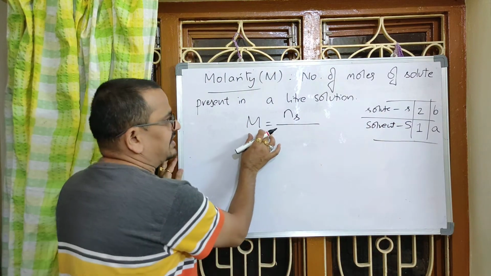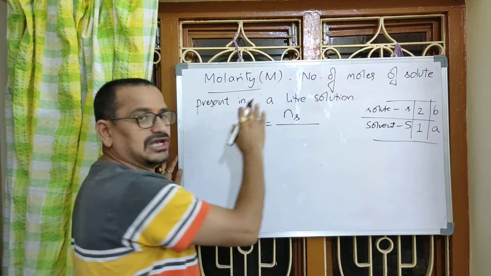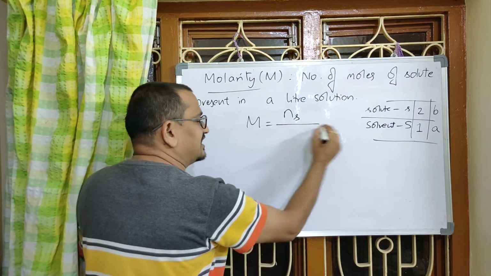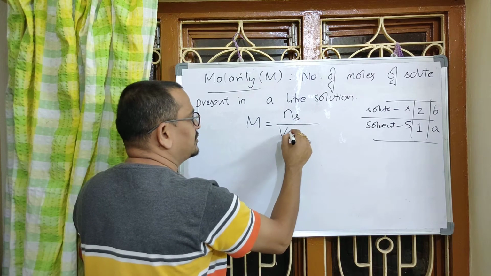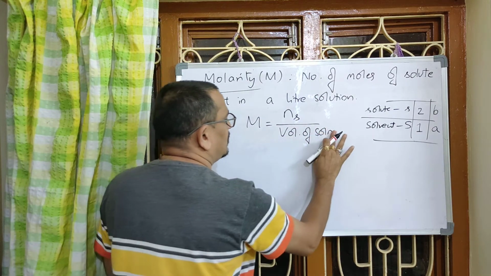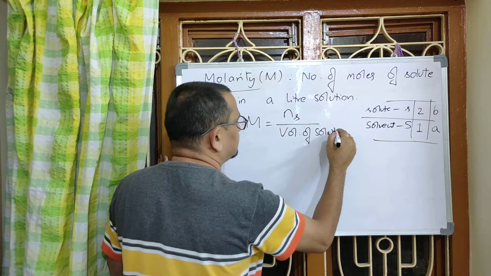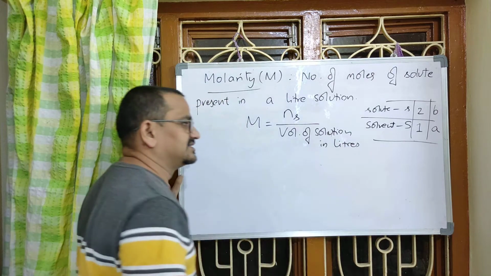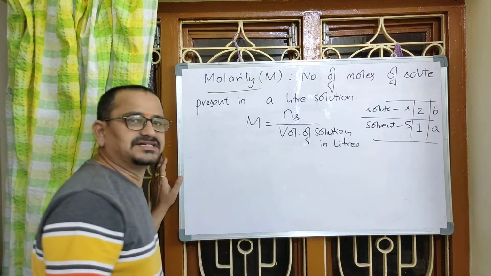Now, what is meant by molarity? Number of moles of solute present in a liter of solution means molarity is the ratio of number of moles of solute to volume of solution, with volume of solution expressed in liters.